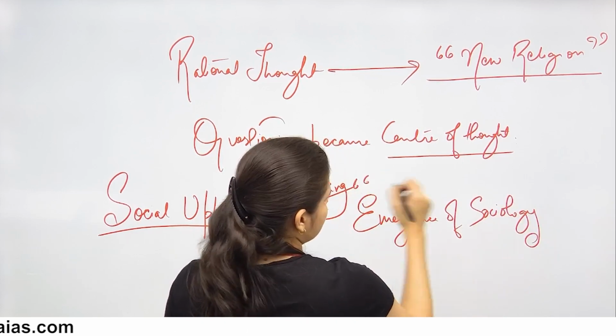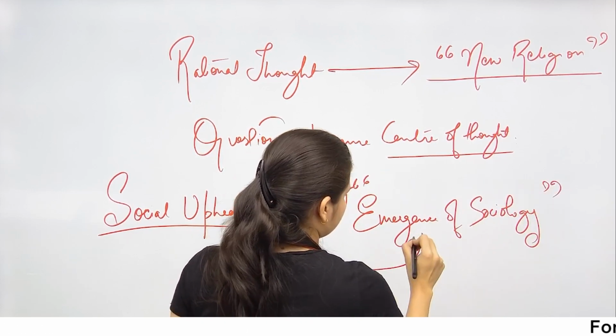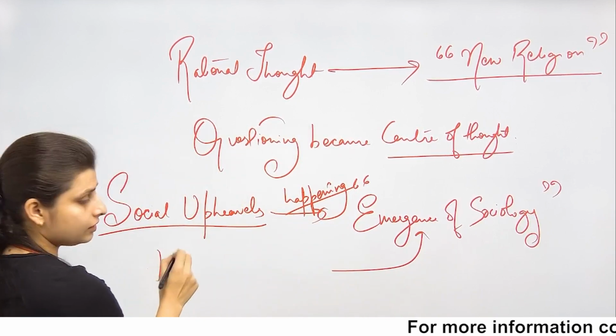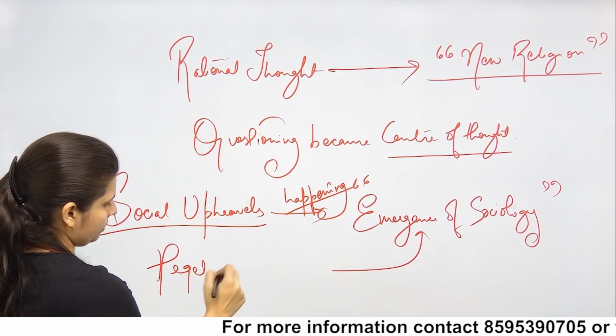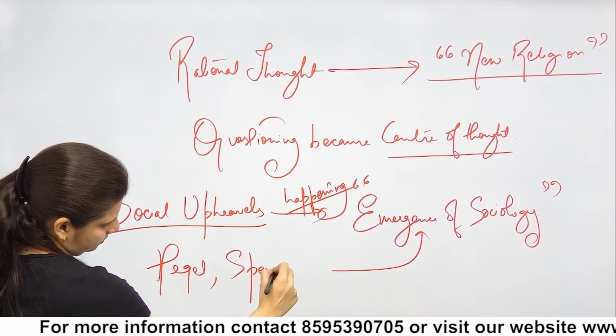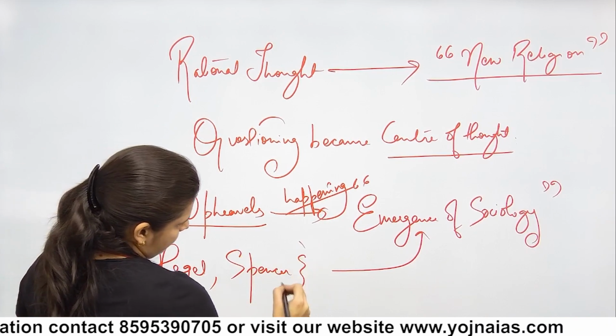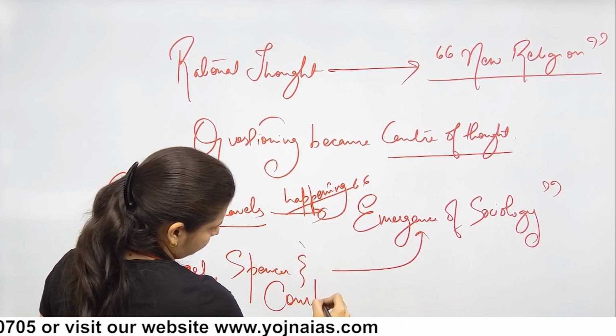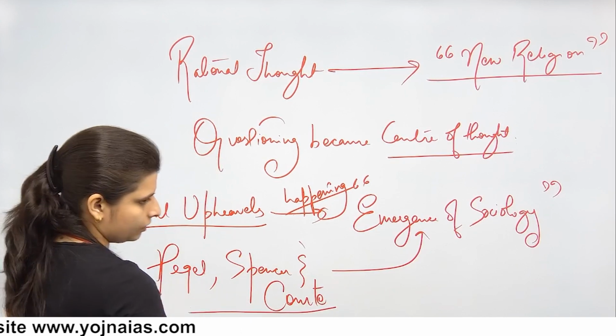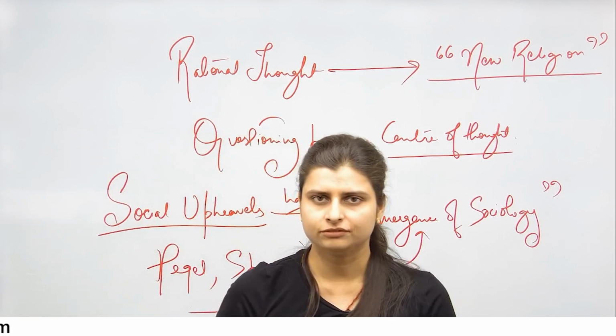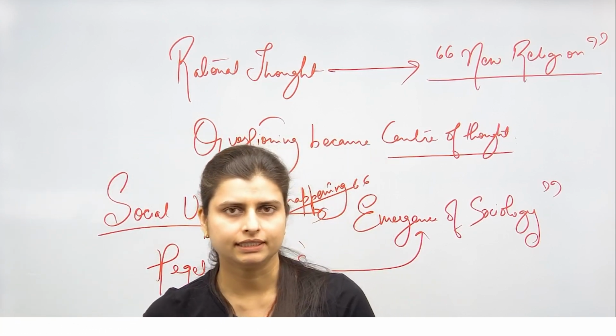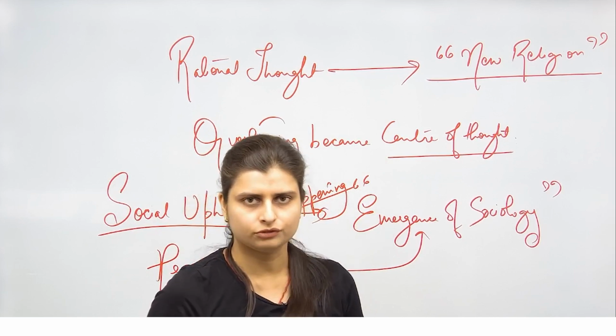And those intellectual thinkers were Hegel, Spencer, and Kant. So this was a brief description of how modernity contributed to the emergence of sociology.